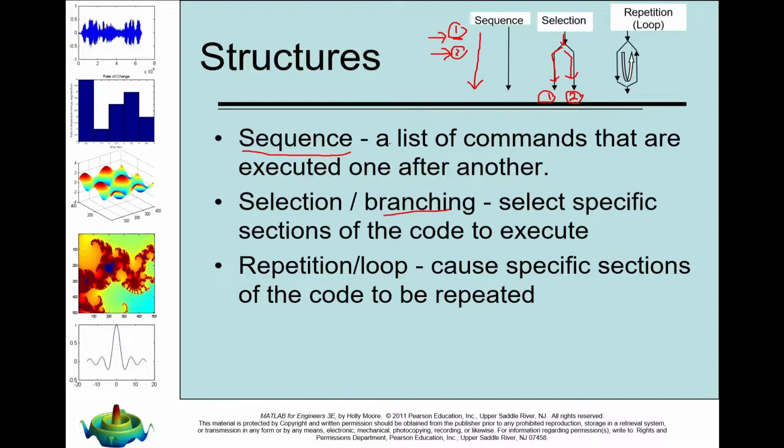Okay, so although in MATLAB the default structure is the sequential list, the third structure in MATLAB is called the repetition structure, or most commonly known as loop. Looping will cause a group of statements to be executed multiple times. Hence, the icon on the top here shows an arrow that goes round and round.